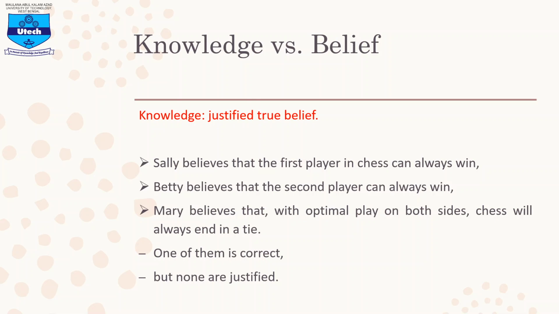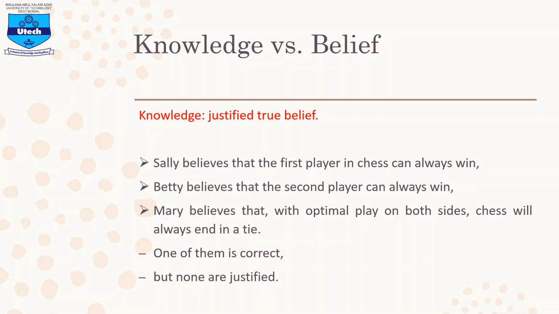Now, let us talk about the difference between knowledge and belief. There are two terms. One is knowledge, that the agents are gathering from sensory information and acting upon the environment. And there is another term, that is belief, that we believe. Knowledge is justified true belief. All beliefs are actually not knowledge.